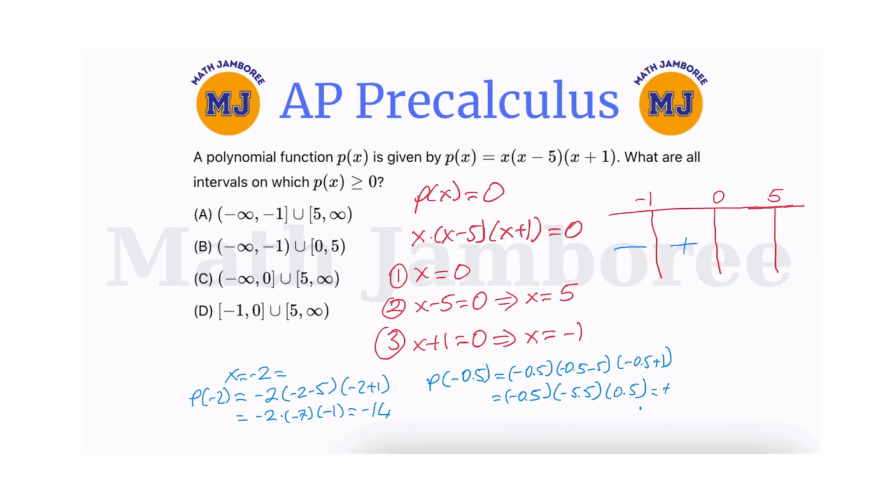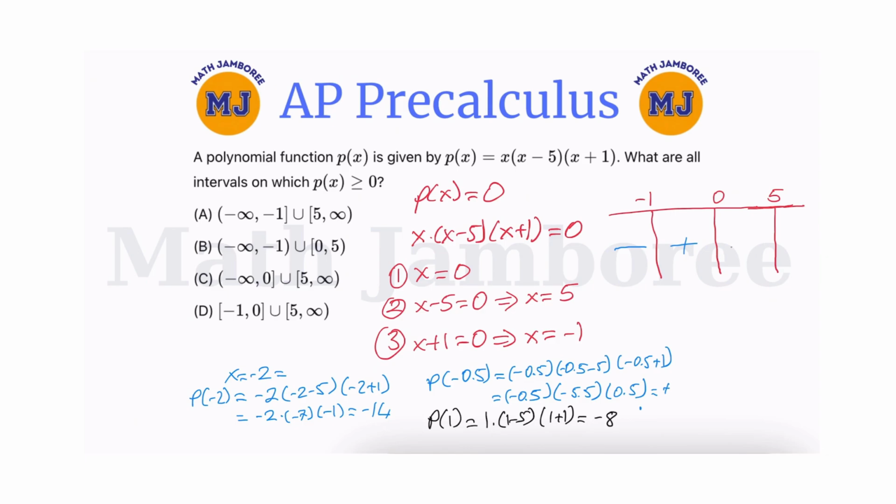What about between 0 and 5? We will use P of 1, which is easy to substitute. Put 1 for x: 1 times 1 minus 5 times 1 plus 1. Most of you can do this mentally, but I'll show you here: 1 times negative 4 times 2 gives you negative 8.